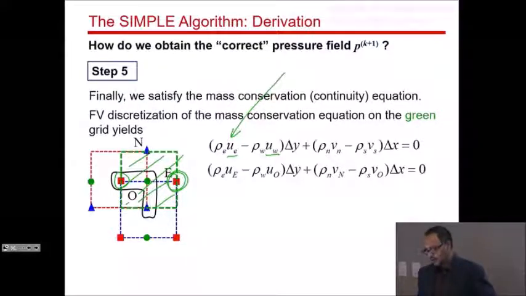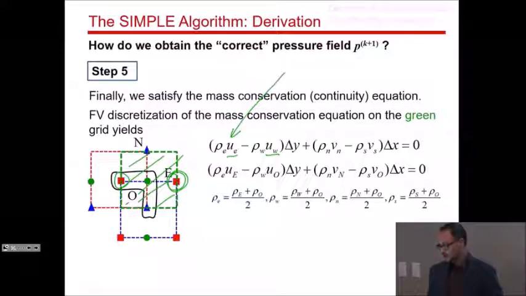Now, with regards to the face densities, these face densities that I have here are not the same face densities that you used in the momentum equation. Again, you have to be careful because you've staggered your grid. These densities are simple linear averages because density is stored at the green points. So rho small east: if I want to calculate the rho here, I'm going to take the average of that and that.